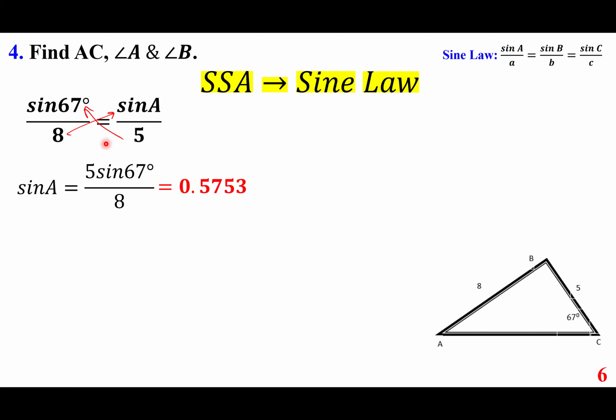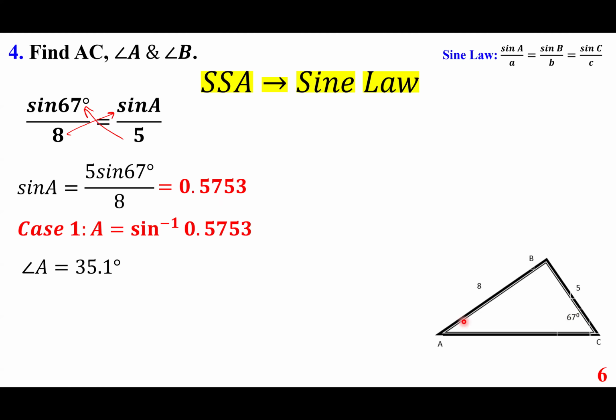And A must be sine inverse of this number. The calculator gives us 35.1 degrees. So we have this angle, 67 degrees.